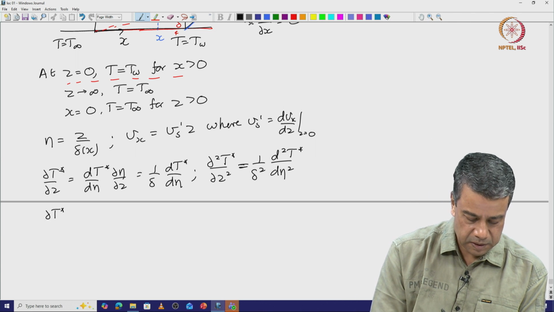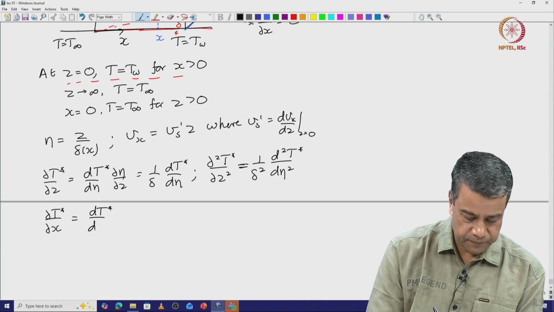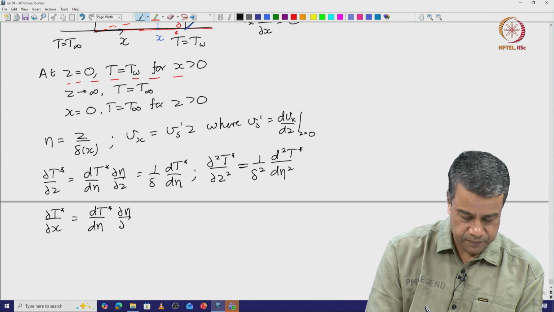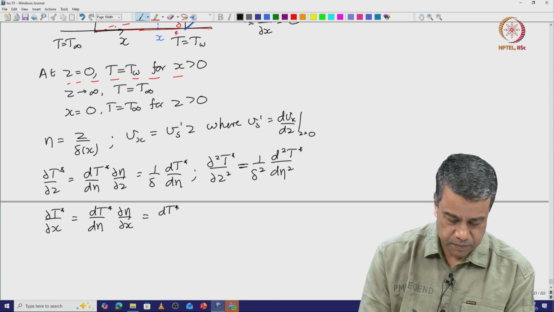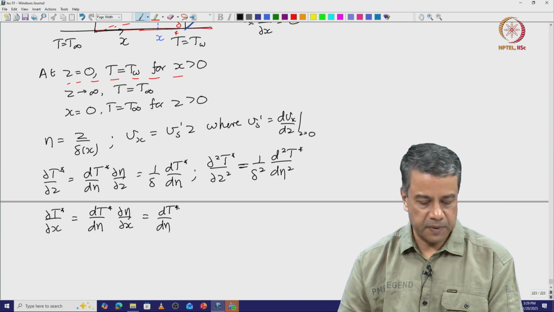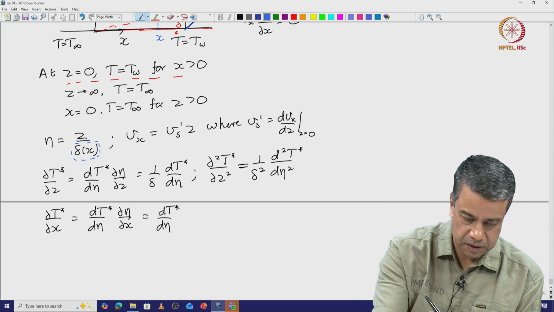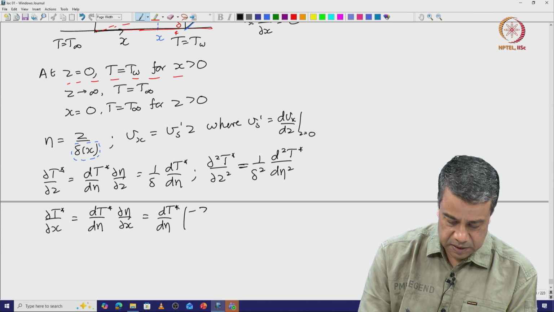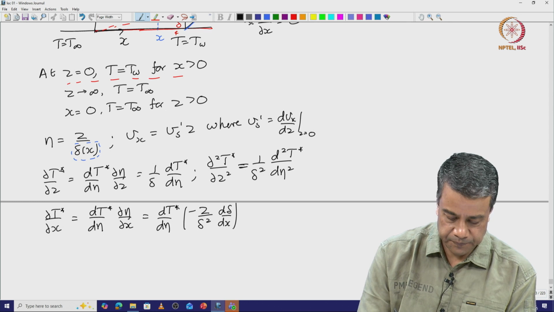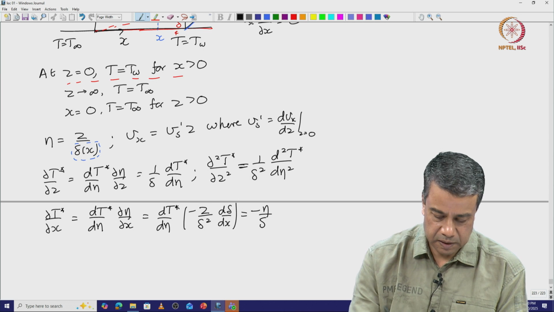And partial t by partial x: eta depends upon x only through the dependence of delta on x. So, I have to take the derivative of delta in the denominator with respect to x. So, I will get minus z by delta square d delta by dx, which is minus eta by delta d delta by dx.